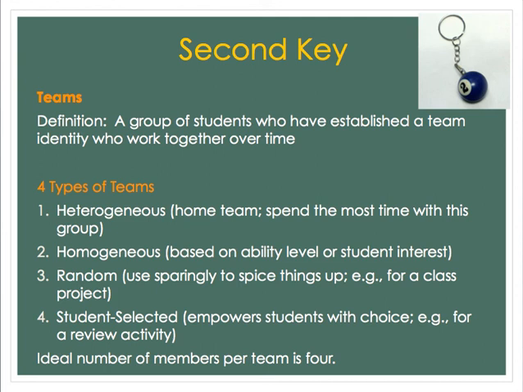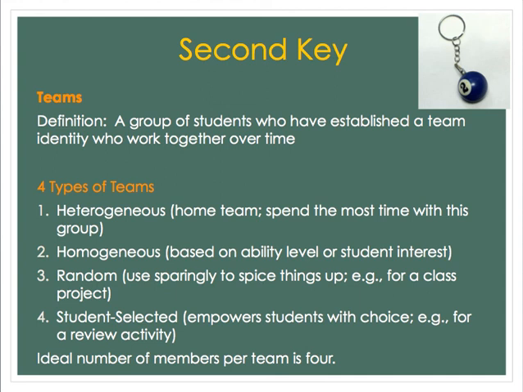So that would be an example of a student selected team. The vast majority of your team activities should be done in the heterogeneous model, because if you're constantly mixing up the teams, your home team isn't going to bond or establish that team identity. So this is the main one, and then on occasion we can use these 3 other types of teams.